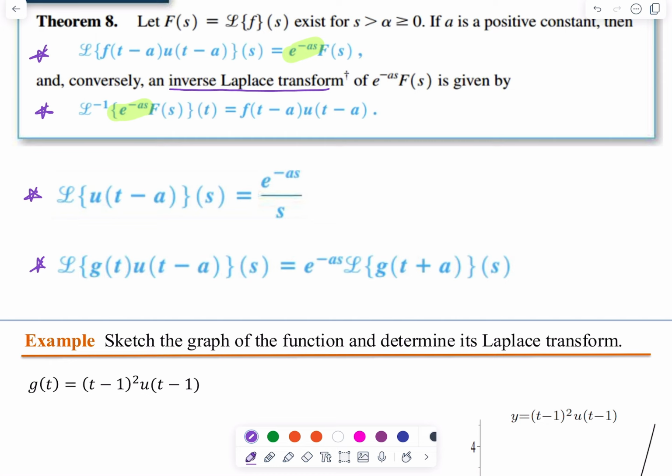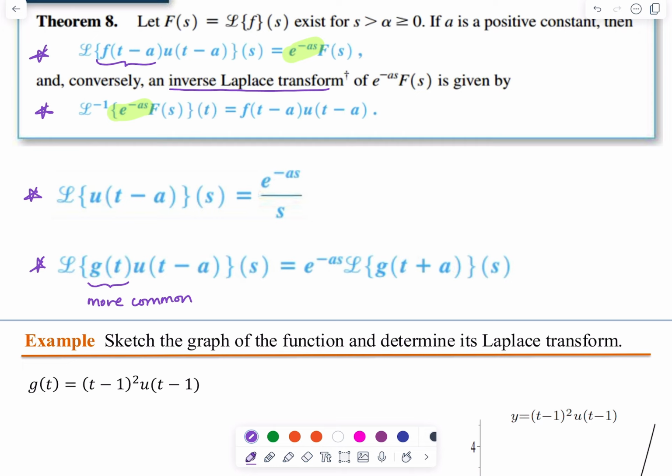So you can see this here, we have a function. This is much more common than f of t minus a.